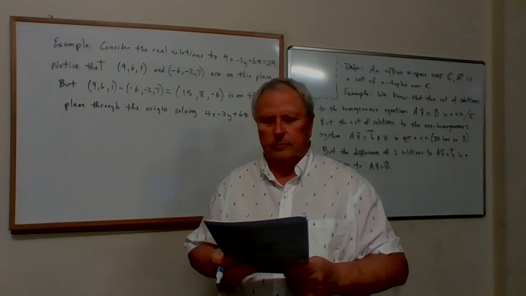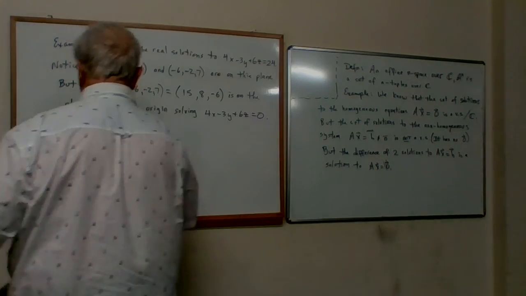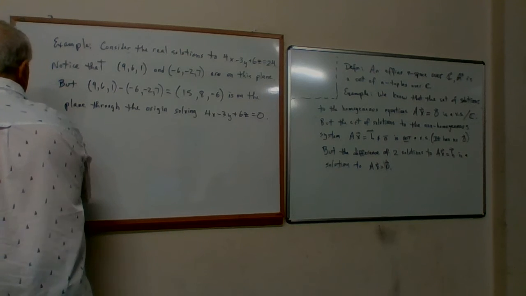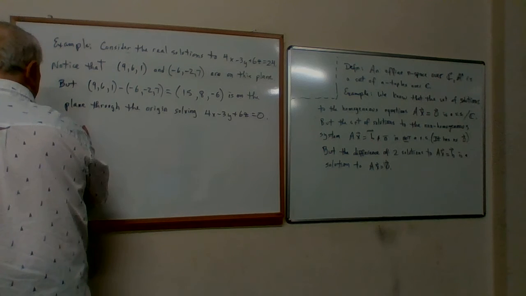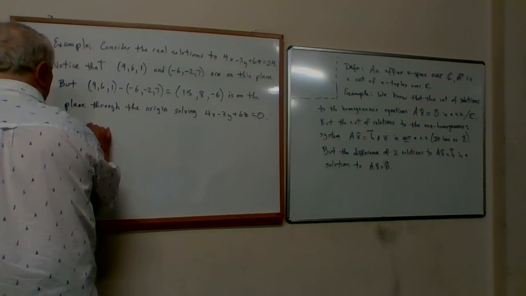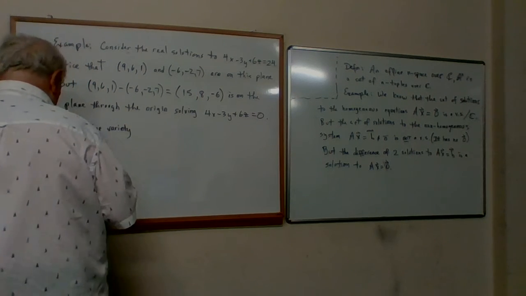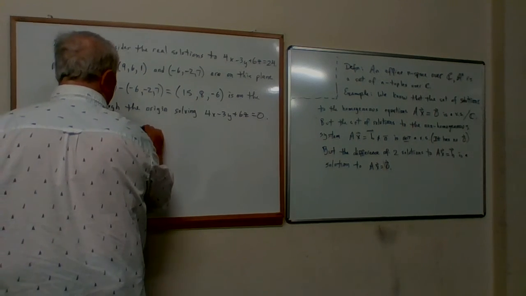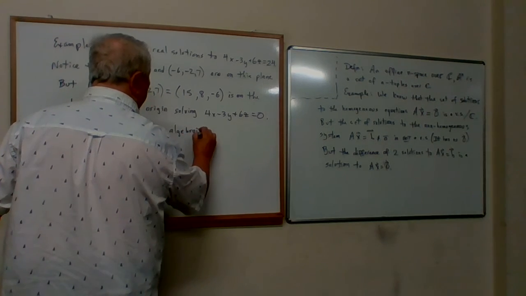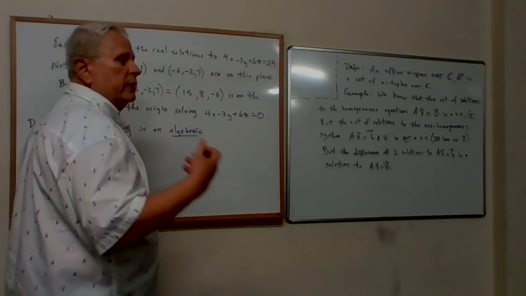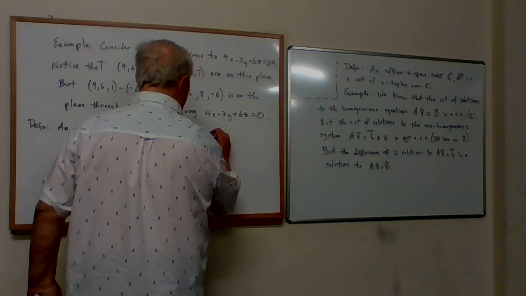Now, we know what an algebraic variety is, definition, and we know what an affine space is. An affine variety is an algebraic variety. In other words, it's the location of the zeros for some set of polynomials.